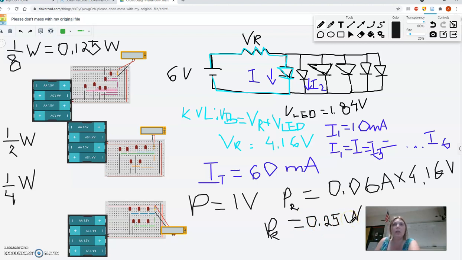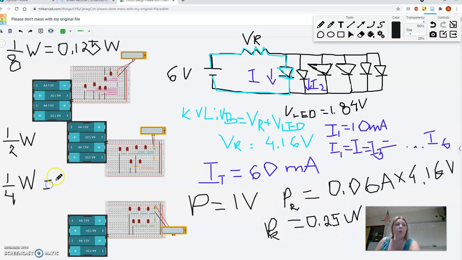So in this particular case, you cannot use a 1/8 watt resistor, because the max rate that resistor is rated for is half as much as what we actually have.